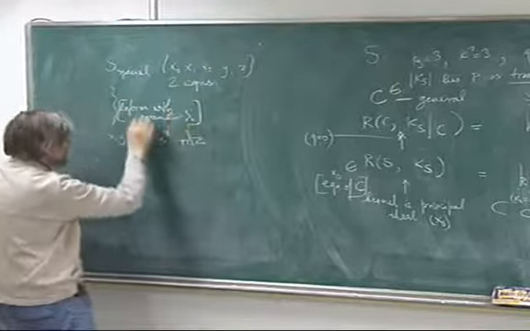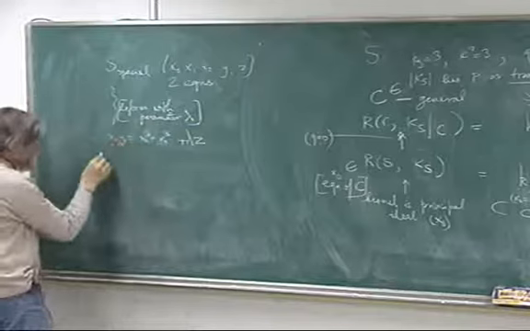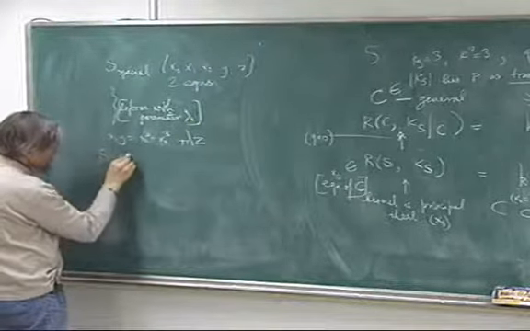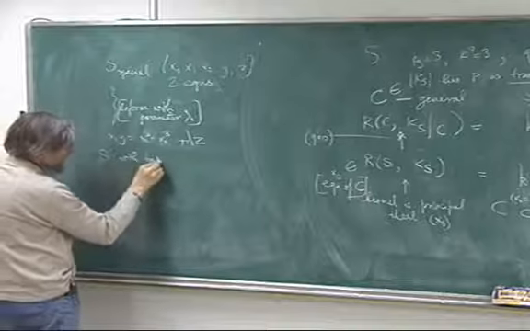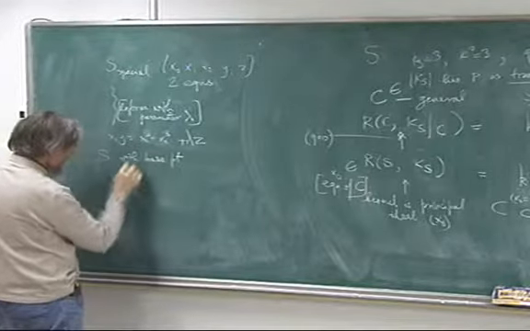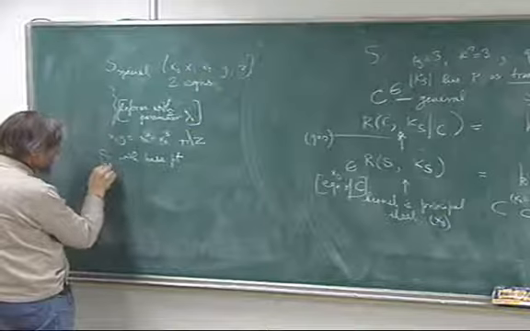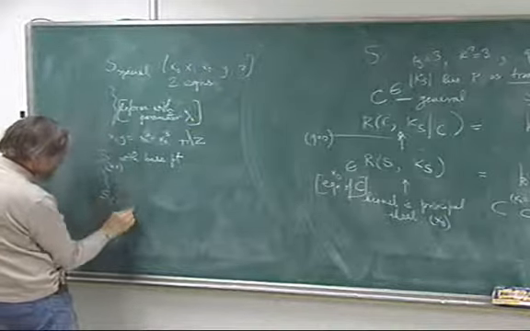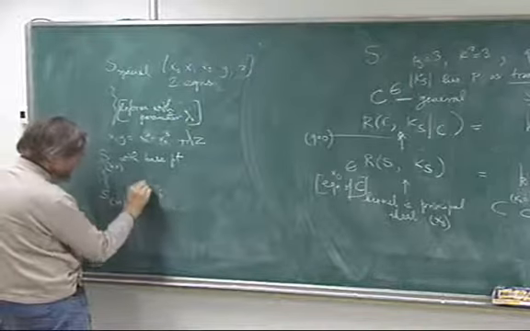And again, exactly as before, when lambda is 0, this goes to S with lambda not equal to 0, with K_S free.